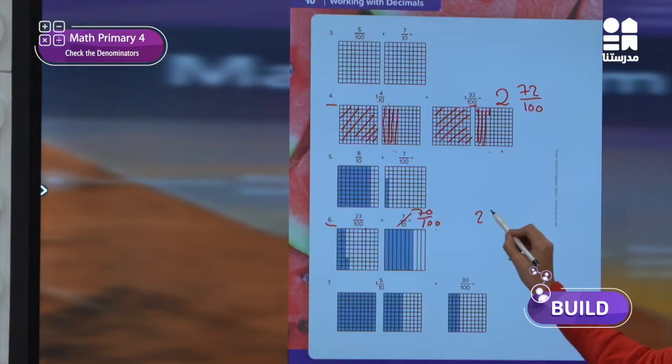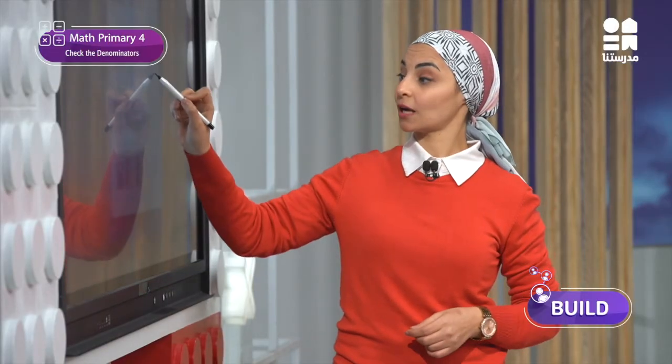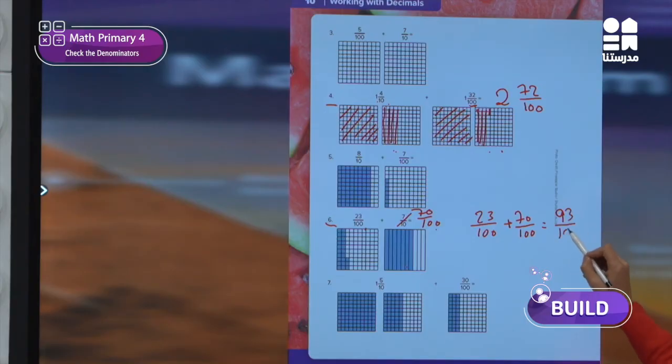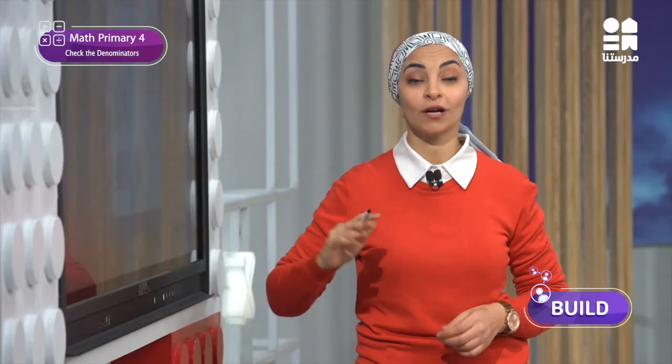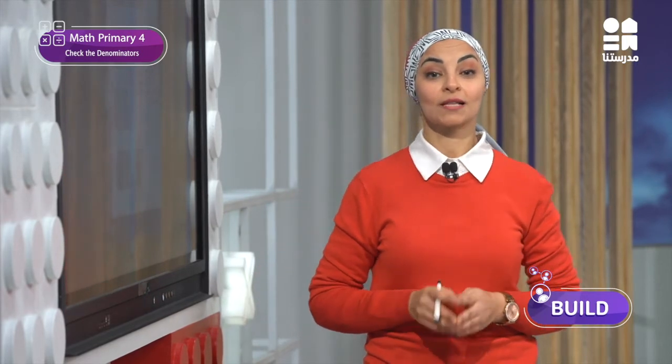We can write 23 over 100 plus 70 over 100. 23 plus 70 equals what? Equals 93 and I will keep the denominator as it is, 100. So 93 over 100.